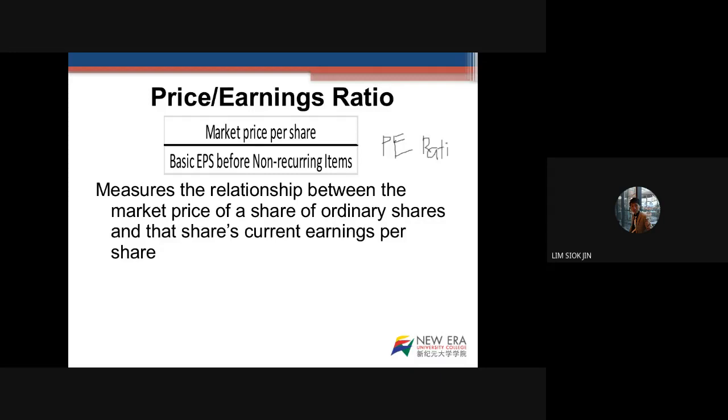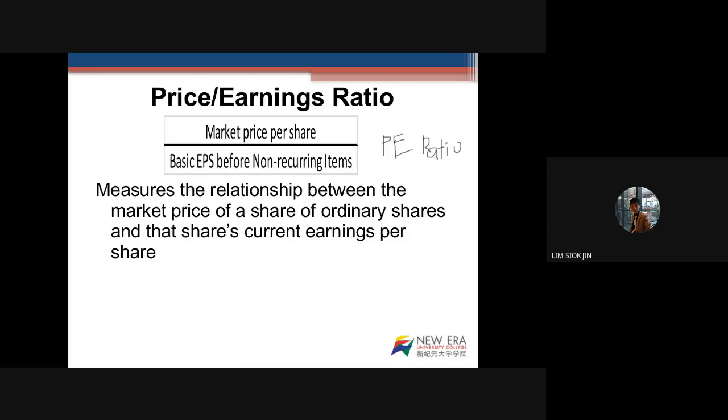Okay. So what is the meaning of PE ratio? PE ratio is the price over earnings per share. So previously you know how to calculate earnings per share, how much earning that each share gets. But the next formula is to find what is the ratio compared to the market price.